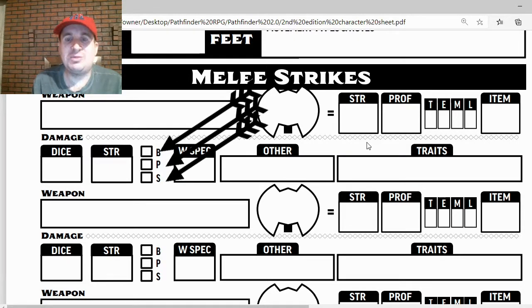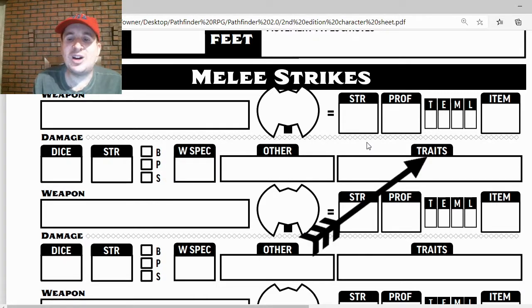There are 3 types of damage that melee weapons can do: bludgeoning, piercing, and slashing. Some enemies will be resistant to one or more of these, so you may want to consider having multiple different types of weapons. This is also where you'll put any traits that the weapon has. I'll cover more on these when I get to my equipment video.